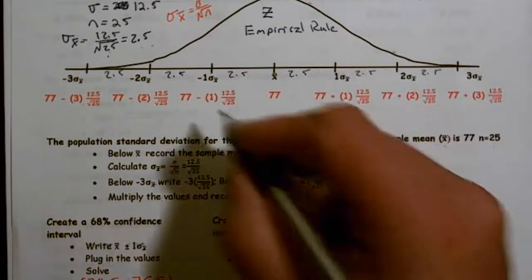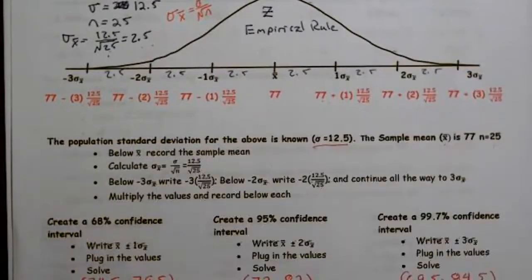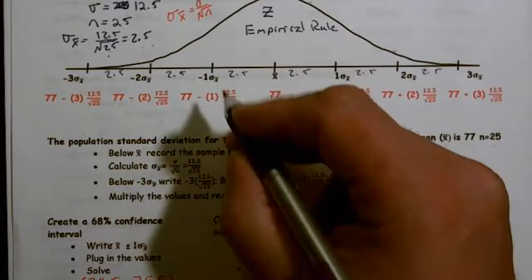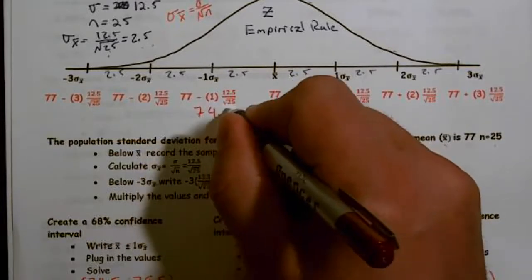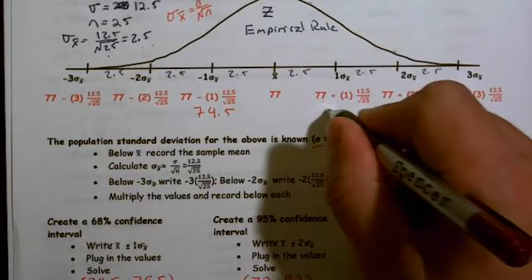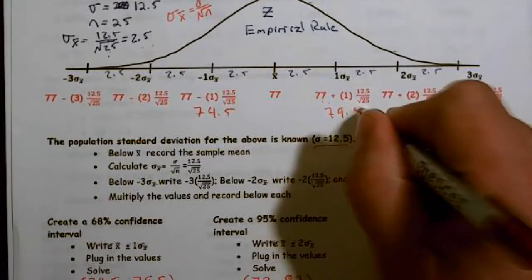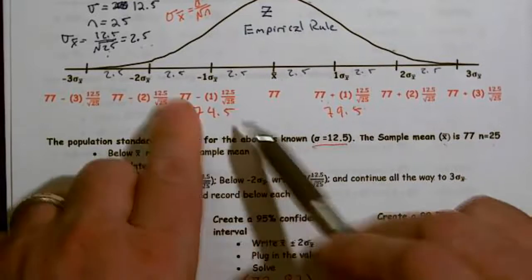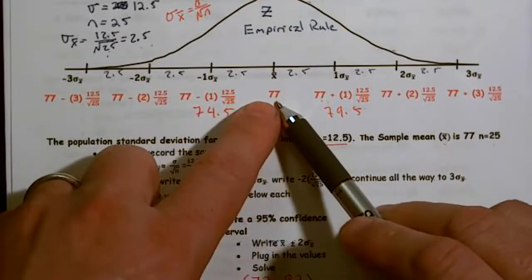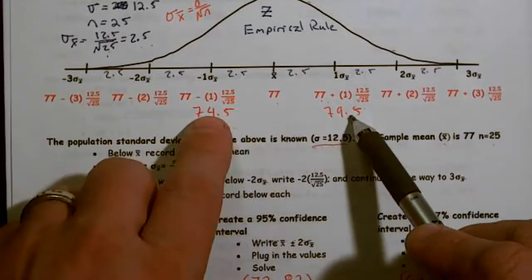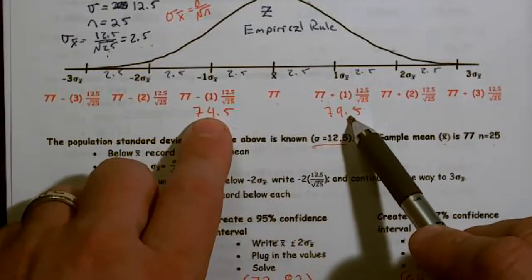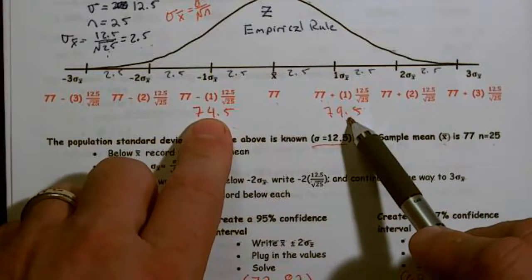If I did that, I would find this lower value would be 74.5, and this upper value would be 79.5. So if I had a sample with this standard deviation and this sample mean, I'd be 68% sure that the true population mean fell between 74.5 and 79.5.